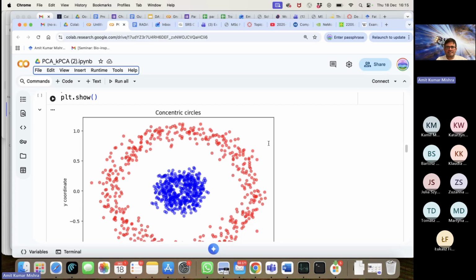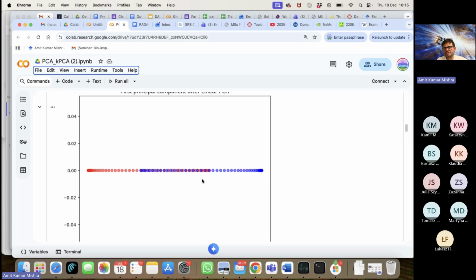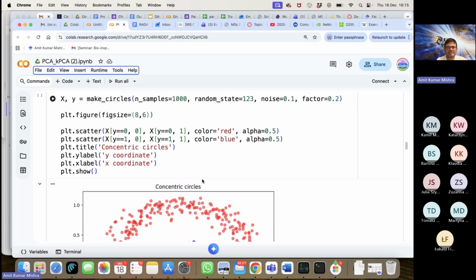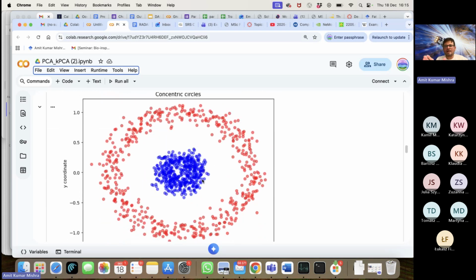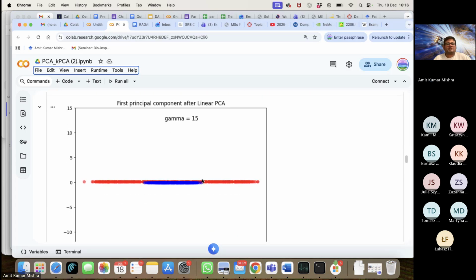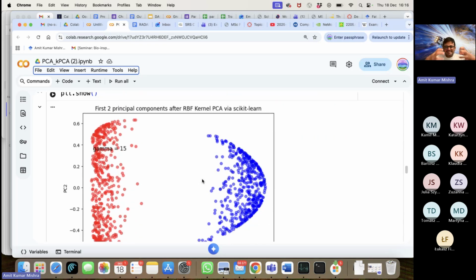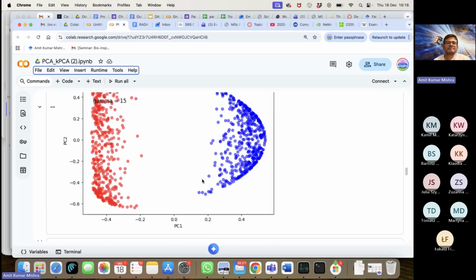At least in the half moon data there is some separation you could see. But in this kind of data, from 1 dimension, from any angle, there is no way any separation will be visible. So you do PCA, they completely overlap. You do kPCA, and it literally snatches them out, showing that they actually are two different bunches of data.